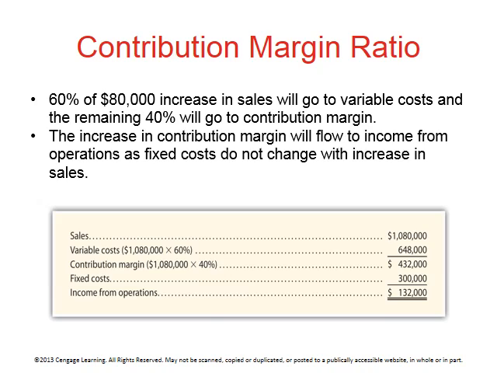We increase our contribution margin by 40%, so it goes up to $432,000. We assume our fixed costs don't change, they're fixed. So with the previous sales volume of 1 million and the new sales volume of 1,080,000, fixed costs are still 300,000. So that's where the 32,000 goes all the way down to income from operations.